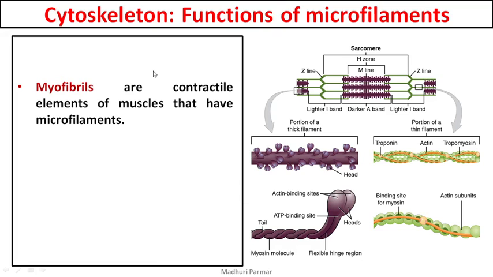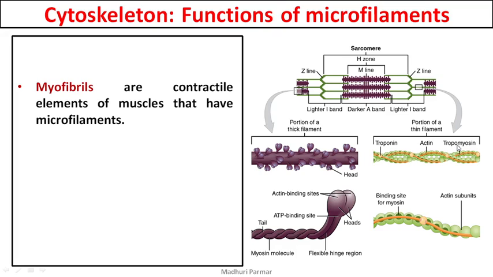Myofibrils, which are the contractile elements of muscle, have microfilaments. Remember this structure from your movement and locomotion chapter. You have this thick filament and then this thin filament. This thin filament is actually made up of actin. This green colored globular part you see is the actin.